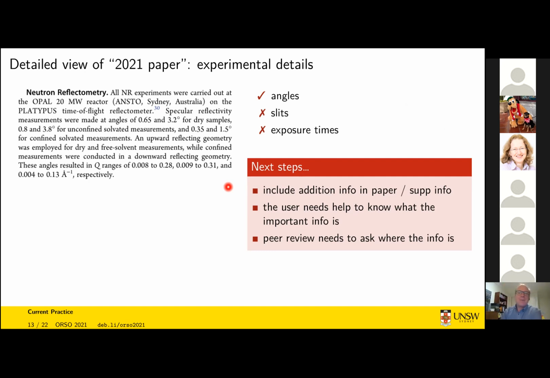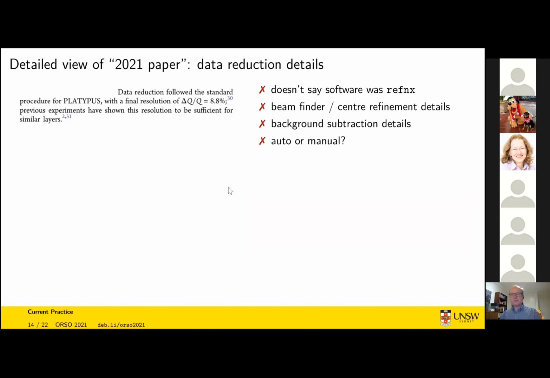Thanks. So our detailed view of the 2021 paper says that we've still got a reasonable amount of thinking to do about how we present information in a way that is digestible, usually in the supplementary information, one would assume. We need to start getting peer review to ask where this information is as well.